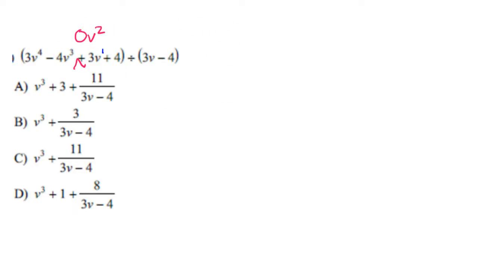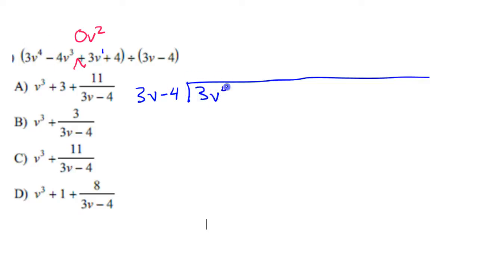Okay, so you'll see that when I set up my division problem, which will go like this, I'll have 3v minus 4 out front. Okay, and then now I have 3v to the 4th power minus 4v to the 3rd power.